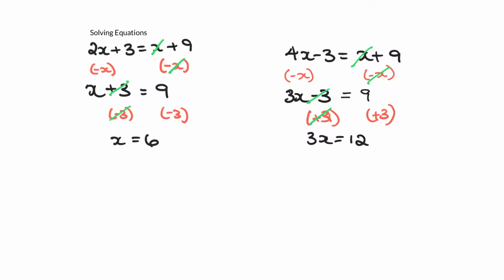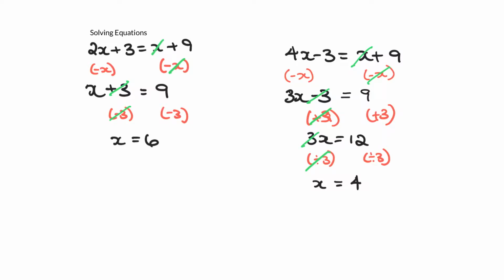Remembering that 3x means 3 times x, we do the opposite of times, divide. We do that to both sides. So the 3 in front of the x and the divide by 3 cancel. So we've got x equal to, well, 12 divided by 3, that gets us 4. So x is equal to 4.